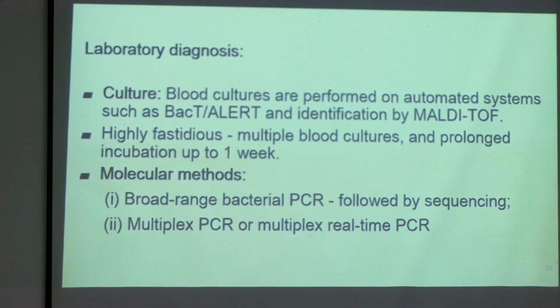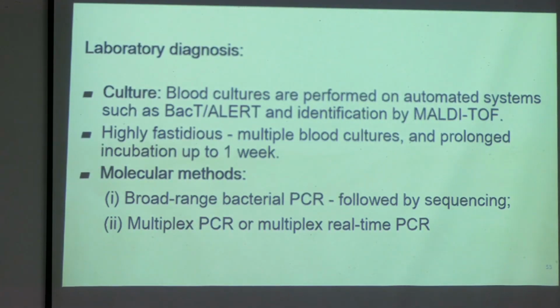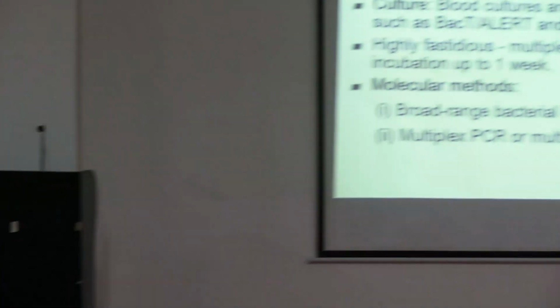So how do you diagnose these HSEC groups in the lab? We can do blood culture, but we have to incubate for a long period of time, maybe a month or so. Then you have automated methods like MALDI-TOF. What is MALDI-TOF?